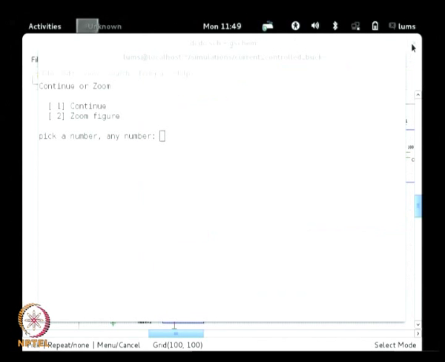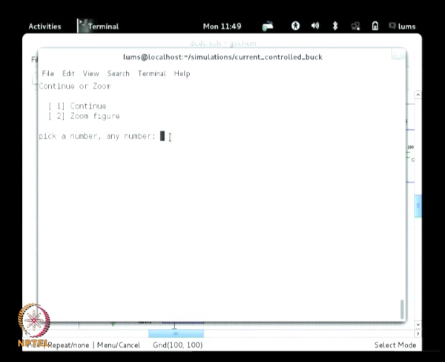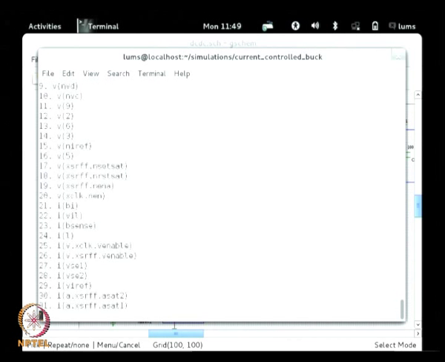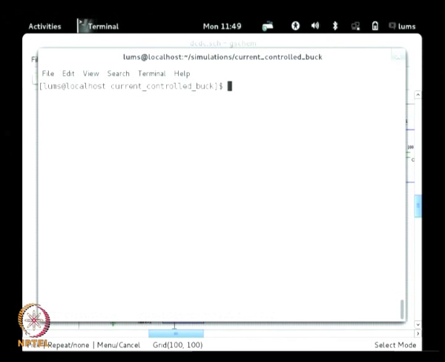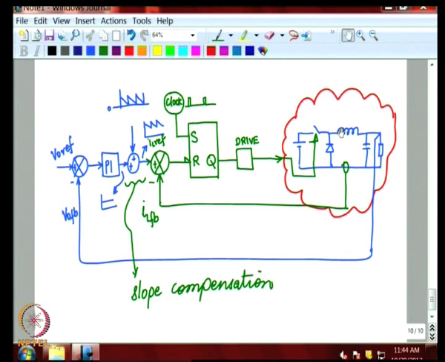So, this way you can achieve current control, and then with an outer voltage control loop, you can get both the current and the voltage control.